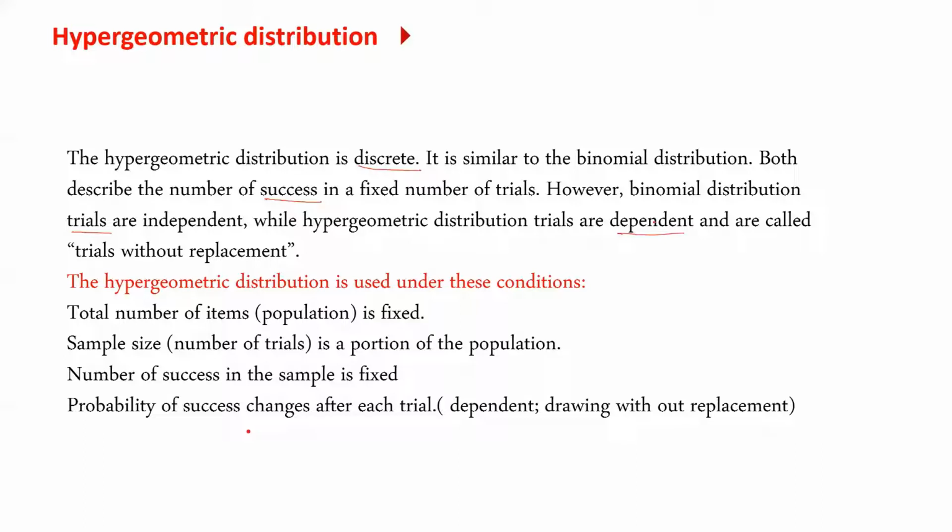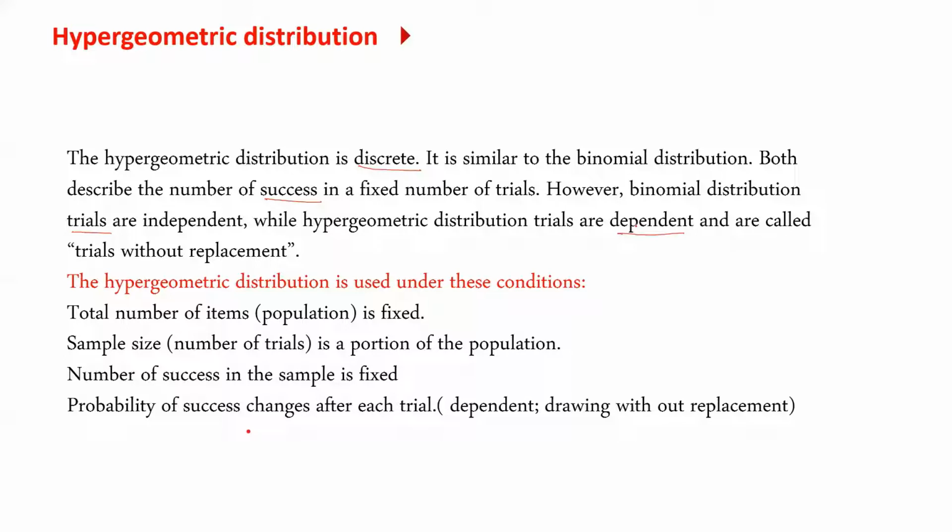All the rest is the same. The only difference is binomial distribution trials are independent, while hypergeometric distribution trials are dependent, because we use a method of without replacement when we draw a sample from the population.